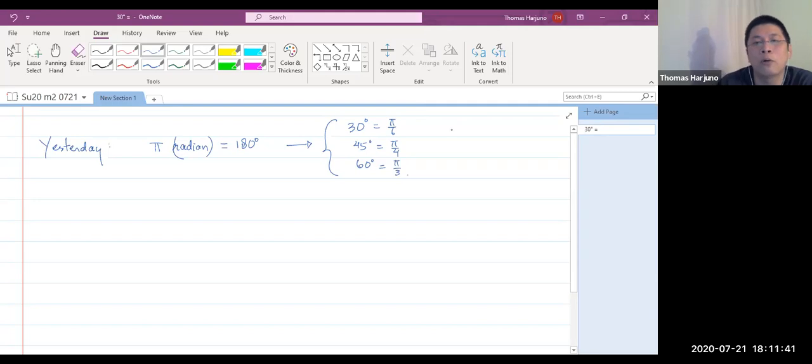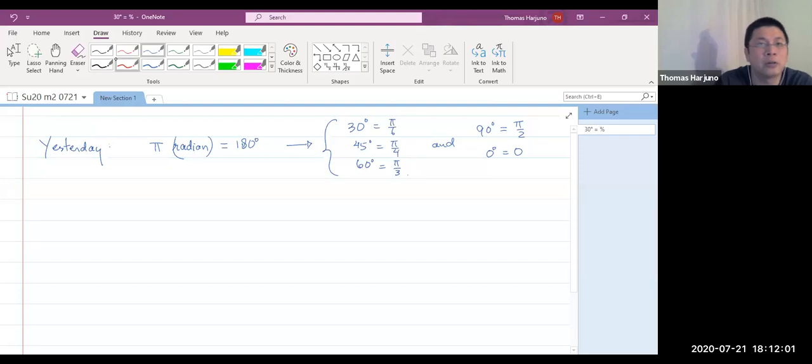Now we will go on further. Actually, we did yesterday. We go on further that 90 degrees is equivalent to pi over 2, and of course 0 degrees is simply 0 radian.